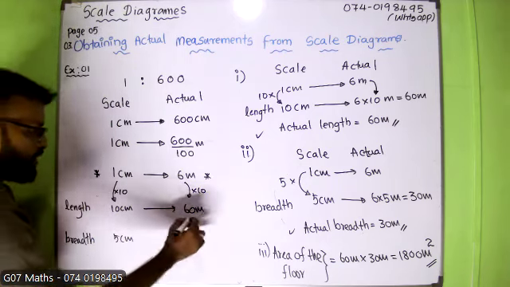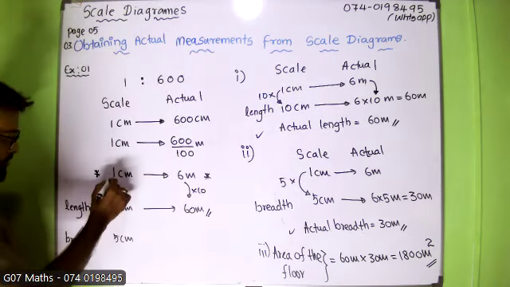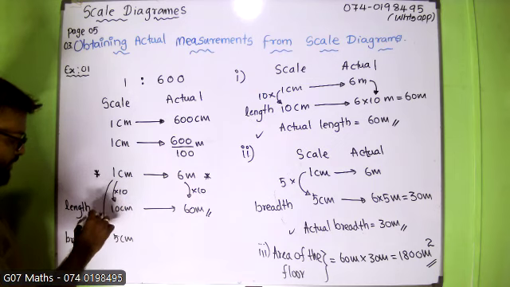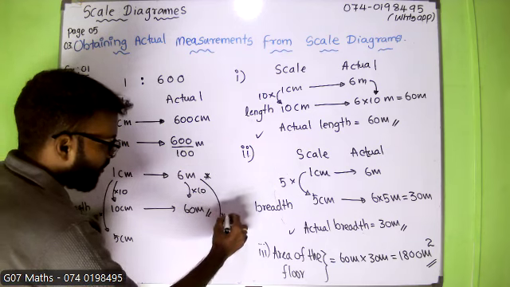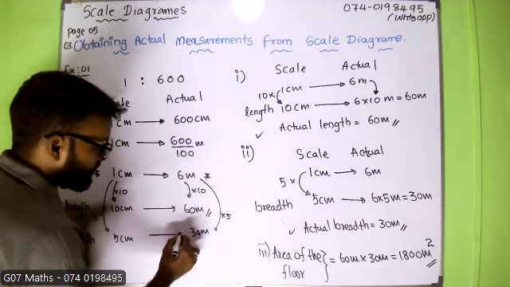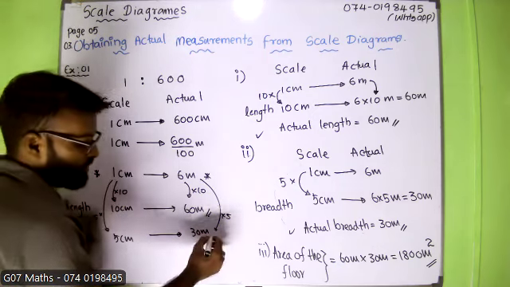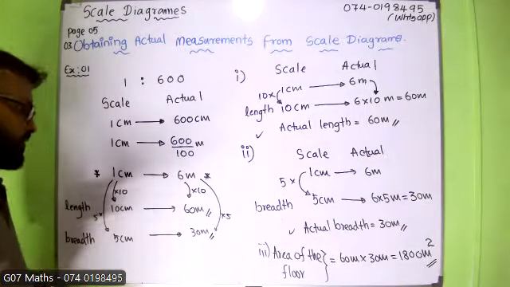The actual length is 60 meters. And you have to multiply this one by 5, so 6 by 5, 5 times 6, 30 meters. If you are a genius, you can do this. Actual breadth is 30 meters. Done.